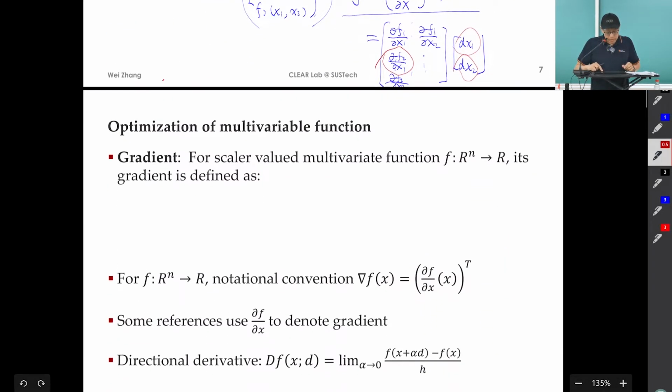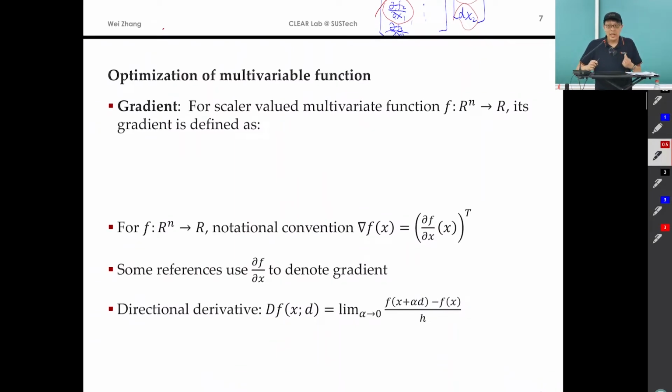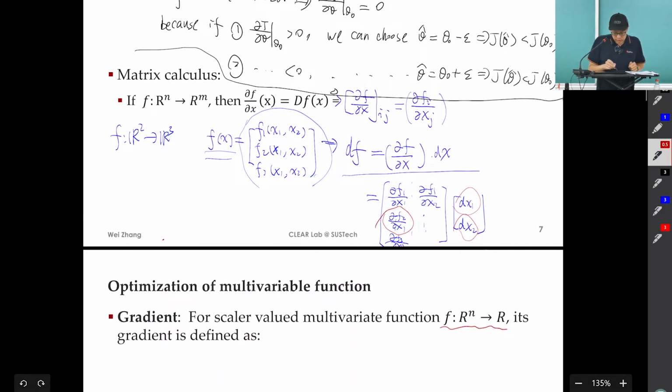So for optimization, we care more about the special case of the partial derivative, which is called the gradient. The gradient is for a function from Rn to R, while this guy is from Rn to Rm. F is multidimensional.